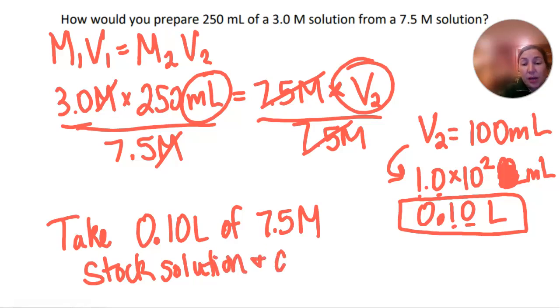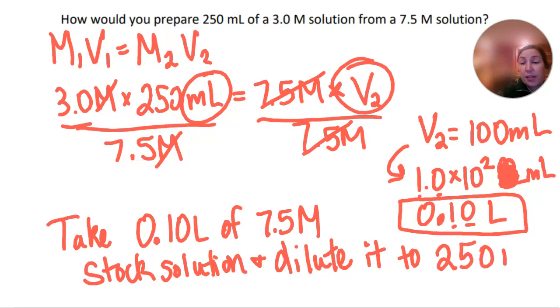And then we'll dilute that stock solution to 250 milliliters. So we're taking 100 milliliters essentially, but we want 2 sig figs, so 0.10. And we'll then have to dilute it up to 250 milliliters to lower that concentration, because concentration goes down with dilutions. So hopefully now you feel confident about dilution calculation.